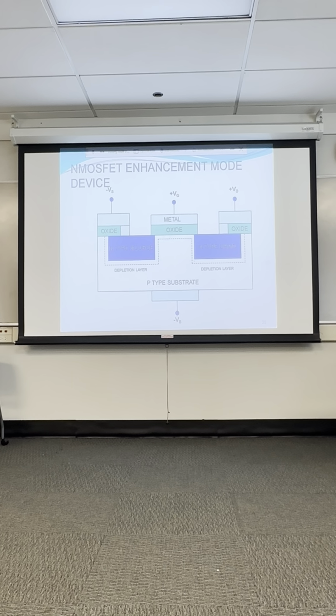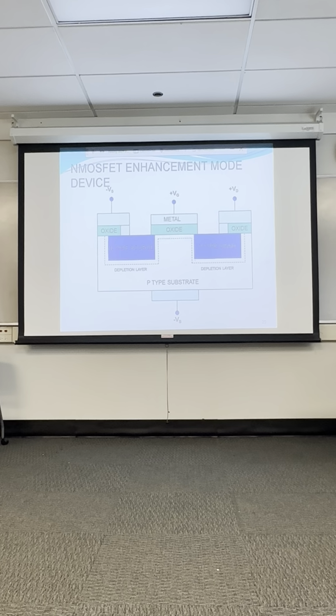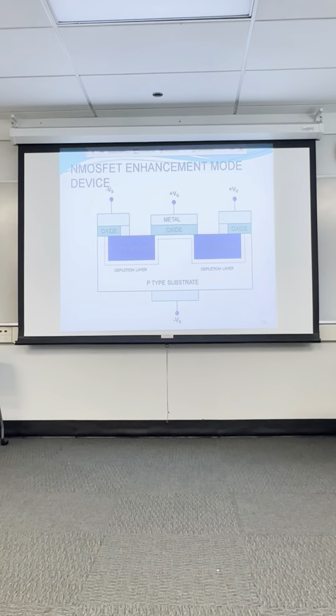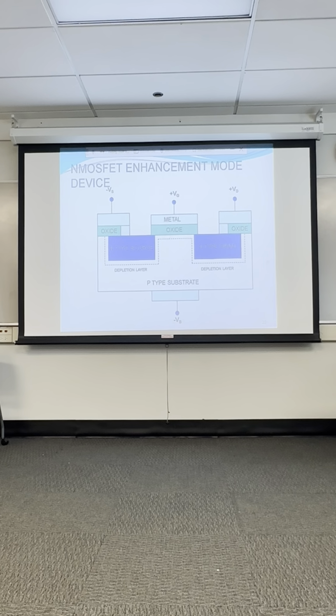Now we're going to go through the conditions. This is the MOSFET enhancement transistor. This first drawing is showing the P-type substrate, and it's showing the configuration of the MOSFET.